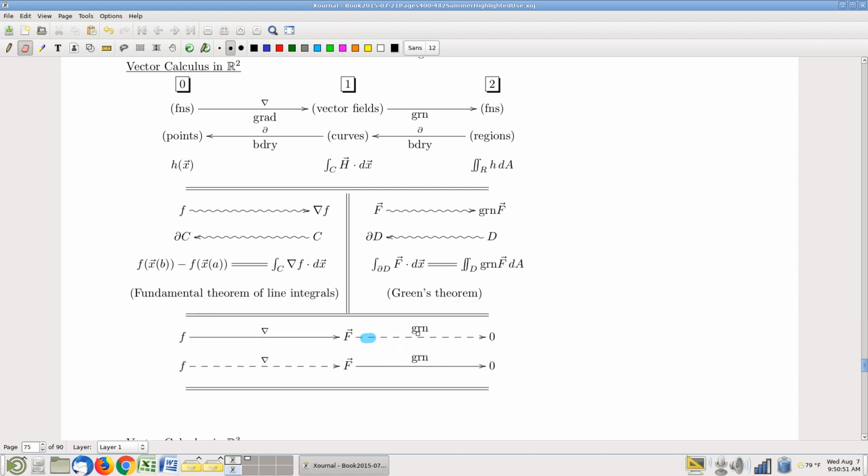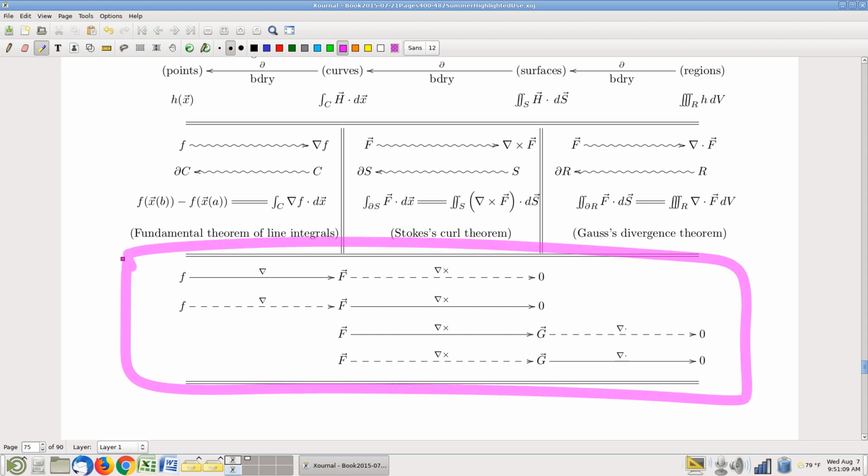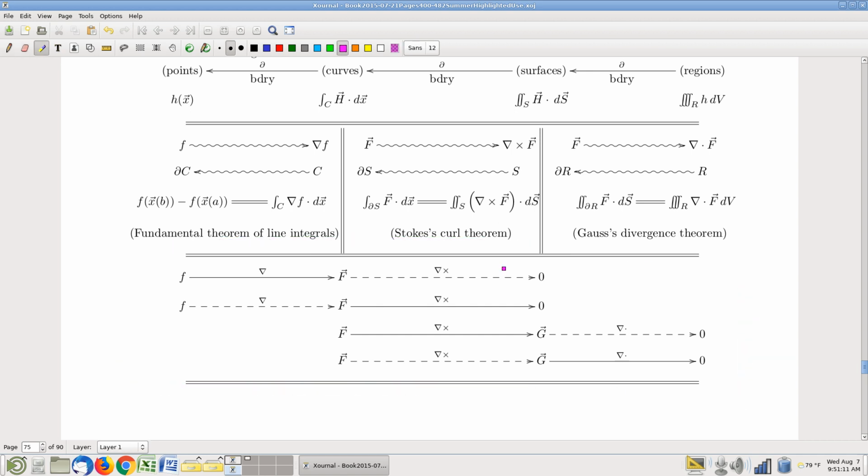Okay. So if you have a gradient, Green's operator is 0. If Green's operator is 0, then there is an anti-gradient. That's what these two compact notations say. And then likewise over here, we have these notations down here. If you're looking at a gradient, the curl is 0.